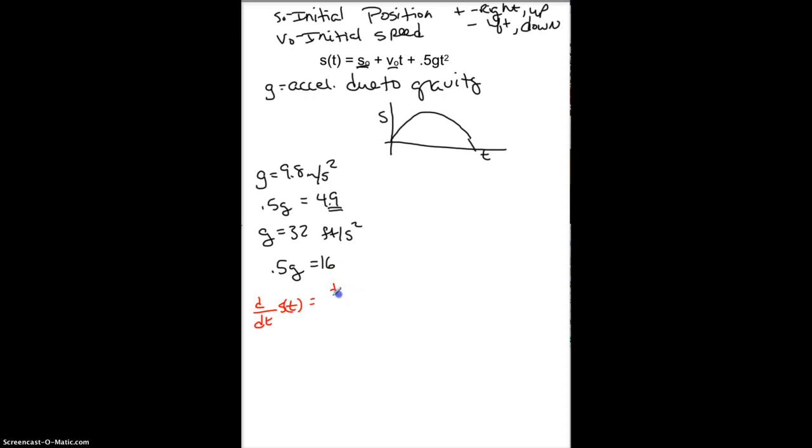Let's see, it's the derivative with respect to time of s naught plus the derivative with respect to time of v naught t plus the derivative with respect to time of 0.5 gt squared. So let's see, that's 0. This is v naught plus 0.5 times 2 gt. So this is v naught plus gt.